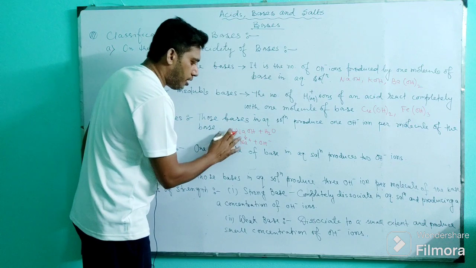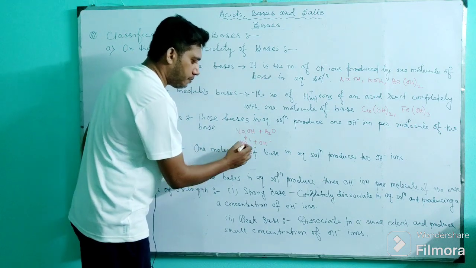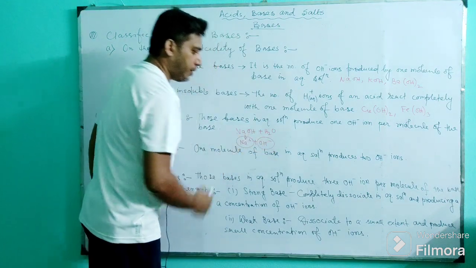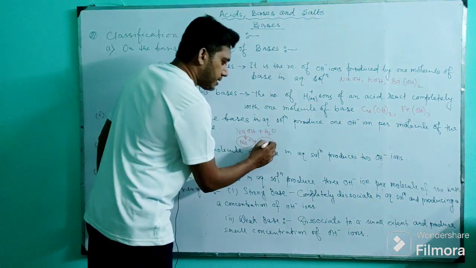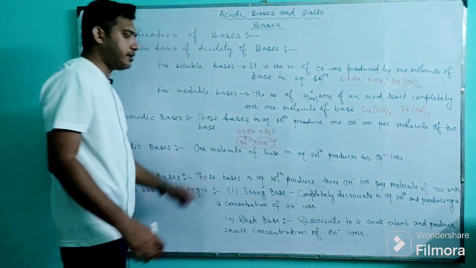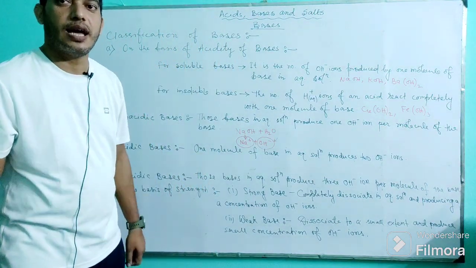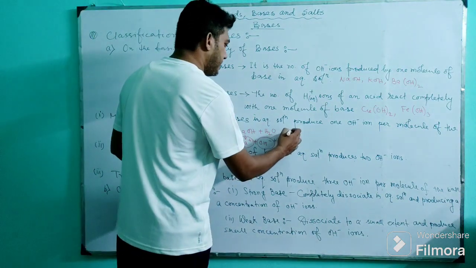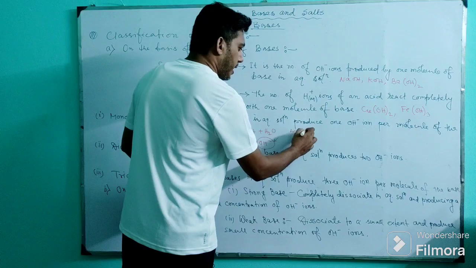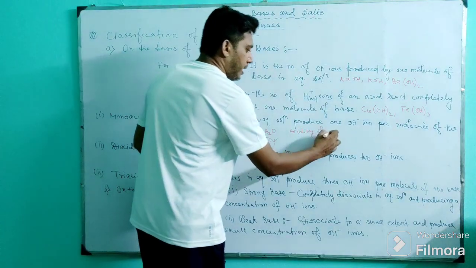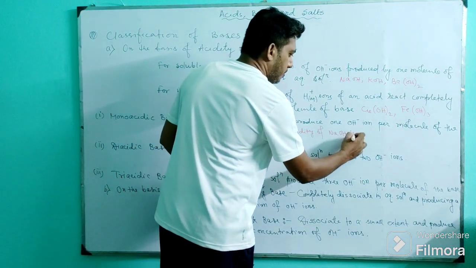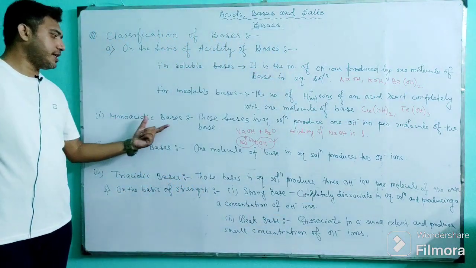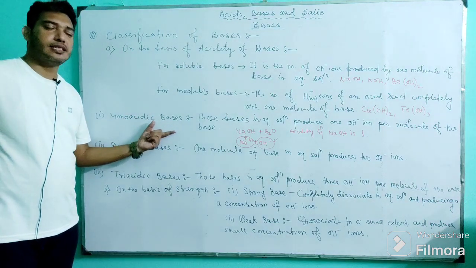So 1 molecule of sodium hydroxide produces 1 Na plus and 1 OH minus ion. This number, 1 OH minus ion, is called the acidity of NaOH. So we can say the acidity of NaOH is 1. For all monoacidic bases, the acidity is 1.